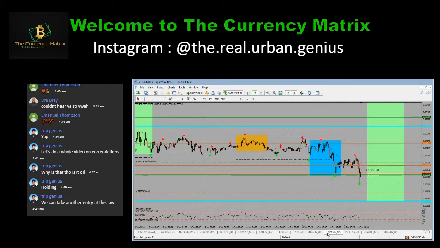So what we're actually about to experience is, I believe we're going to experience NFP today. I believe NFP is actually going to strike the market today.